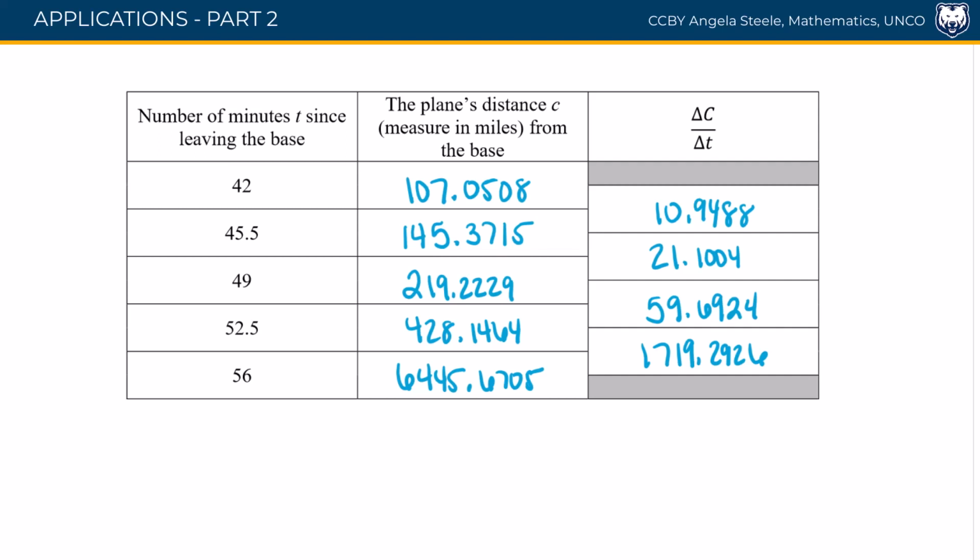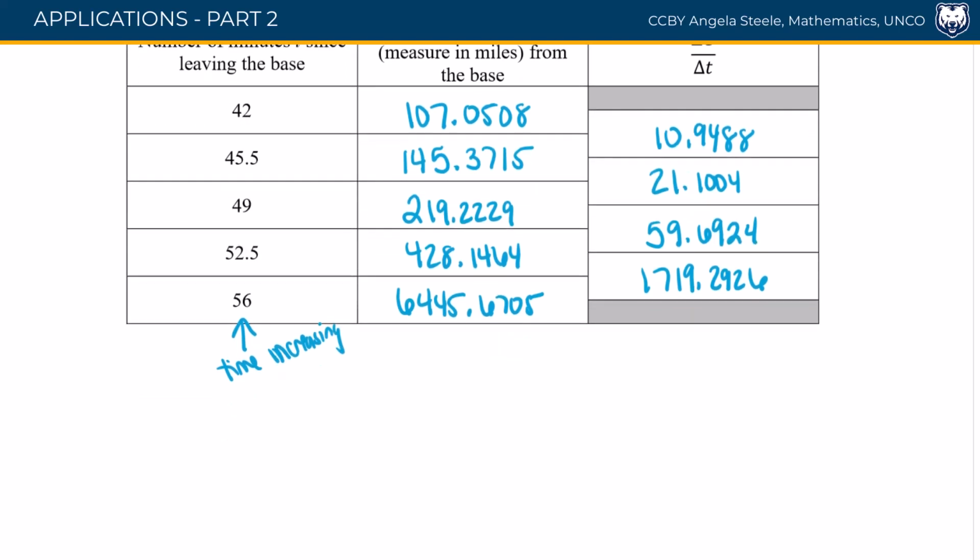Okay, part F says, describe how the plane's distance from the Air Force Base changes as a function of time elapsed between 42 and 56 minutes. That is our table here. Just like before, we're going to look at each column separately. Our time is increasing. If we look at the plane's distance, the distance is increasing.